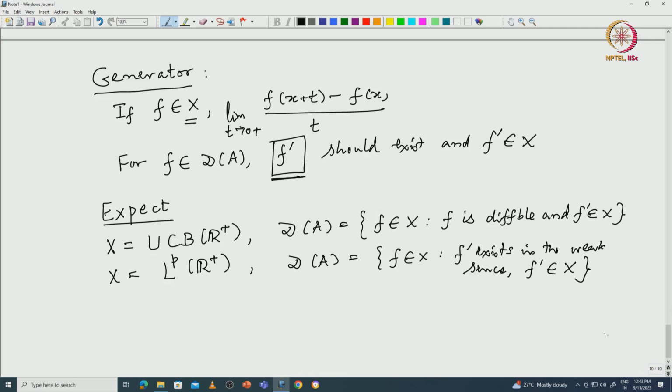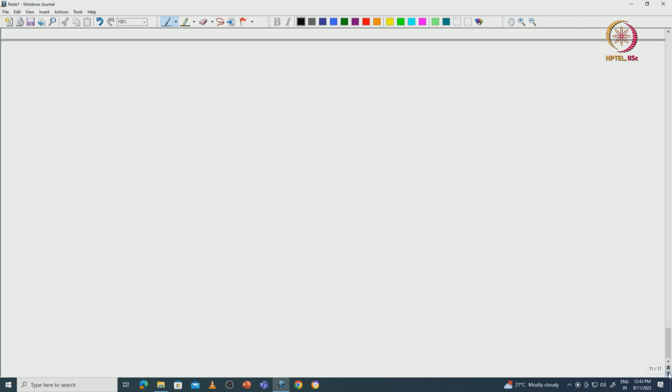So, for both spaces we can write this in a unified way.